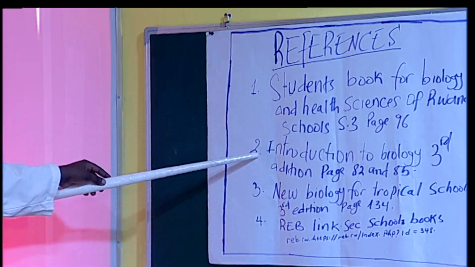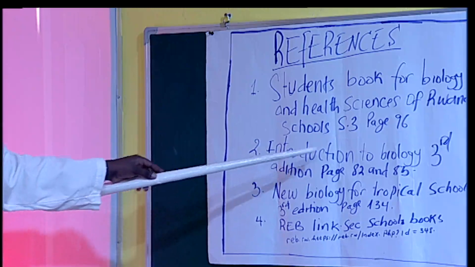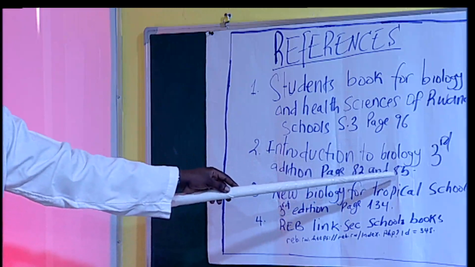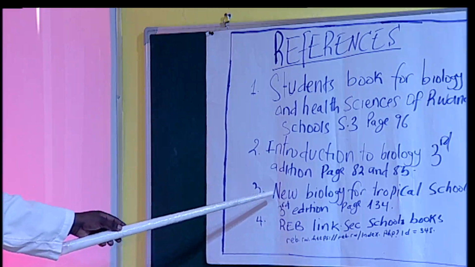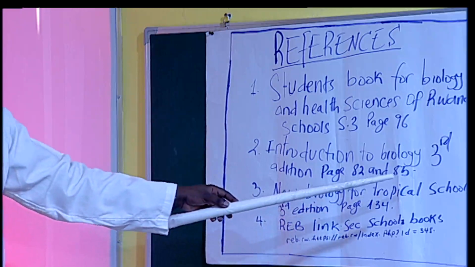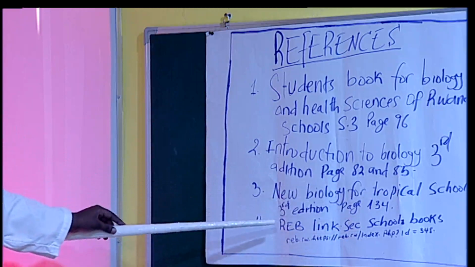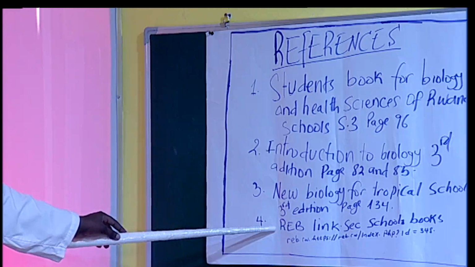The second reference book is Introduction to Biology, third edition, pages 82 to 85. The last one is New Biology for Tropical Schools, third edition, page 134. You can also get a link from REB where you can find more secondary books.